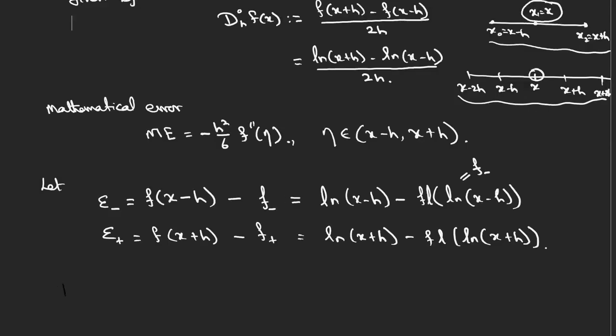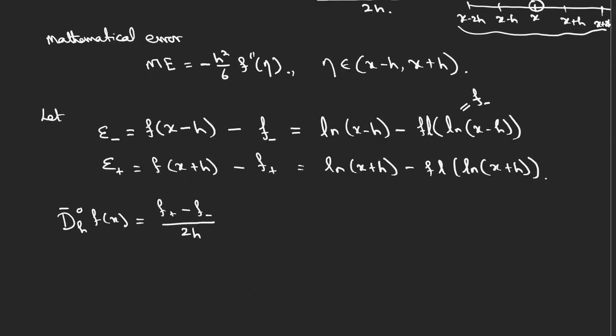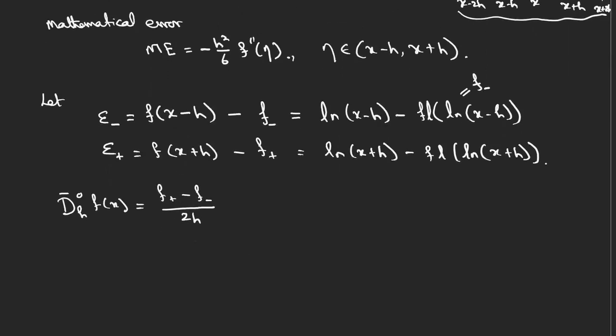Now, the central difference formula with arithmetic error is given by D dash h0 of f of x, and that is given by f plus minus f minus divided by 2h, right? Therefore, the arithmetic error involved in the central difference formula is given by D h naught f of x minus D h naught dash f of x, right?